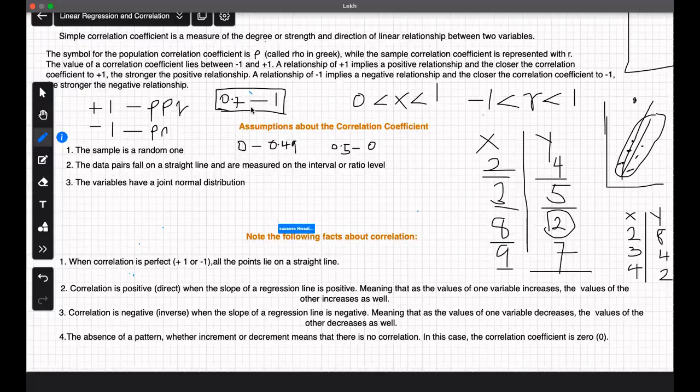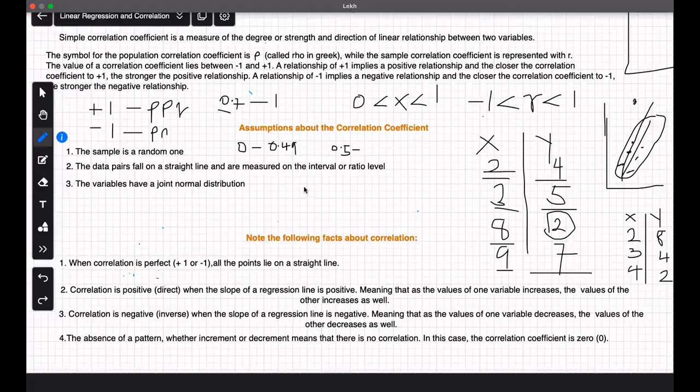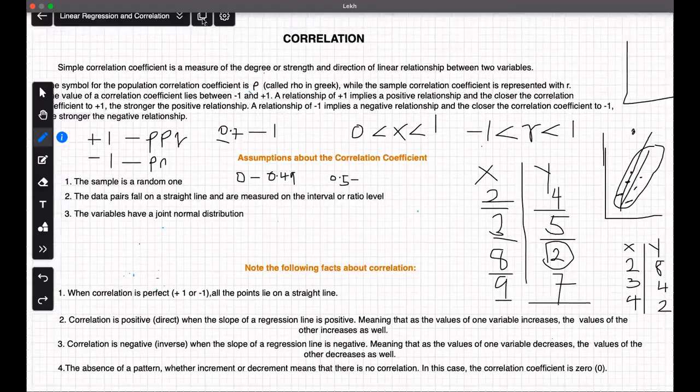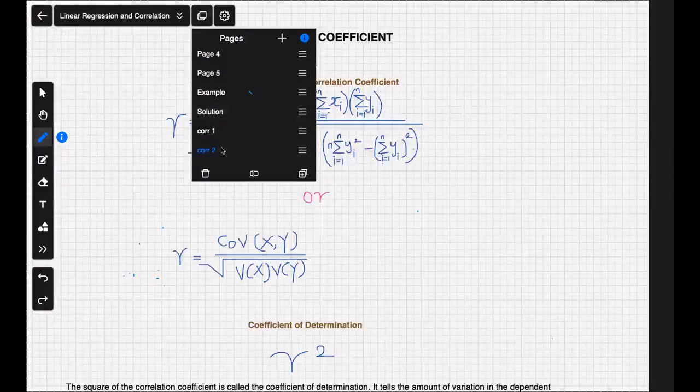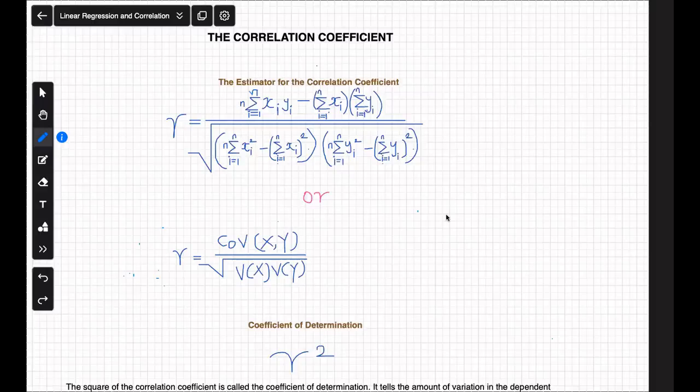Now we are done with that. We looked at a particular type of correlation before, called Pearson's correlation.